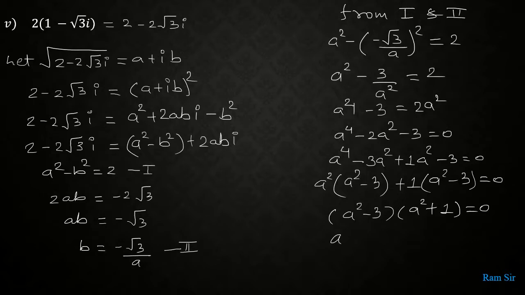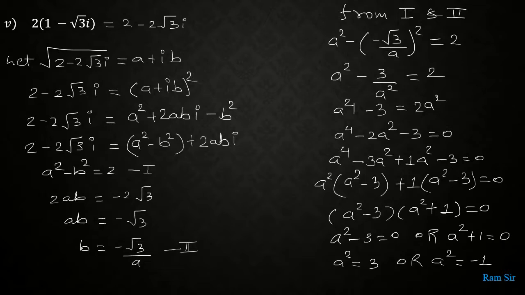So in the next step we can write a square minus 3 is equal to 0, or a square plus 1 is equal to 0. So in the next step we get a square is equal to plus 3, or a square is equal to minus 1.